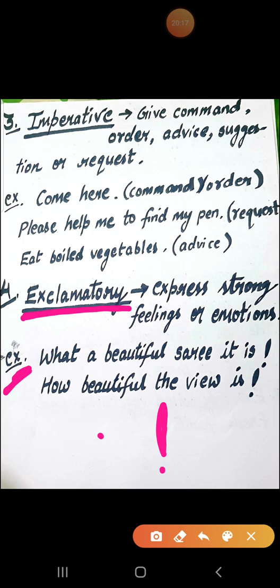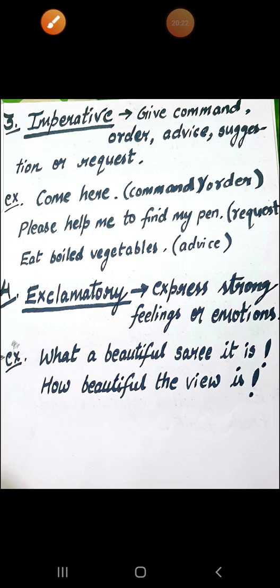So how will you express that? How beautiful the view is. This way you will express that, because that view is actually very beautiful. So you are expressing your strong emotions, strong feelings. So all that comes in your exclamatory sentences. I hope all the 4 kinds are very clear to you all.